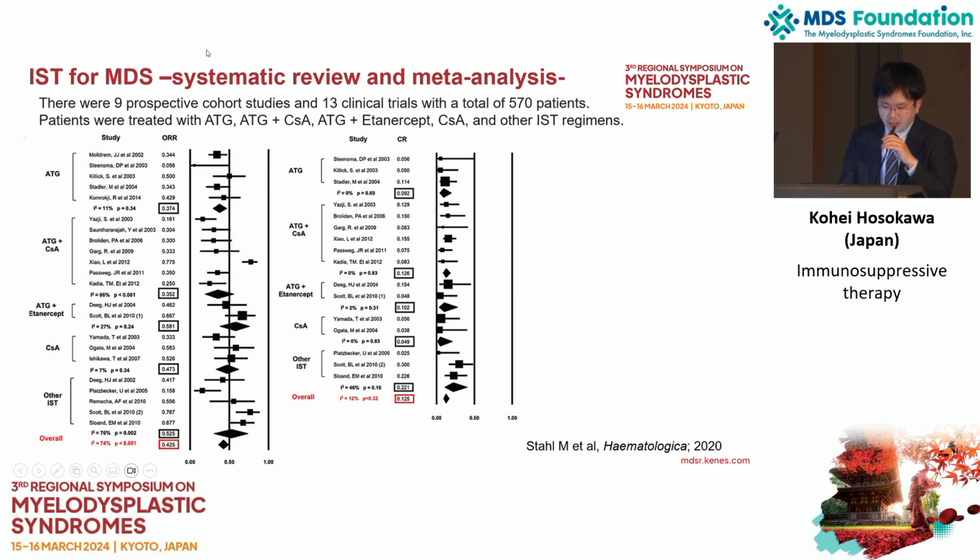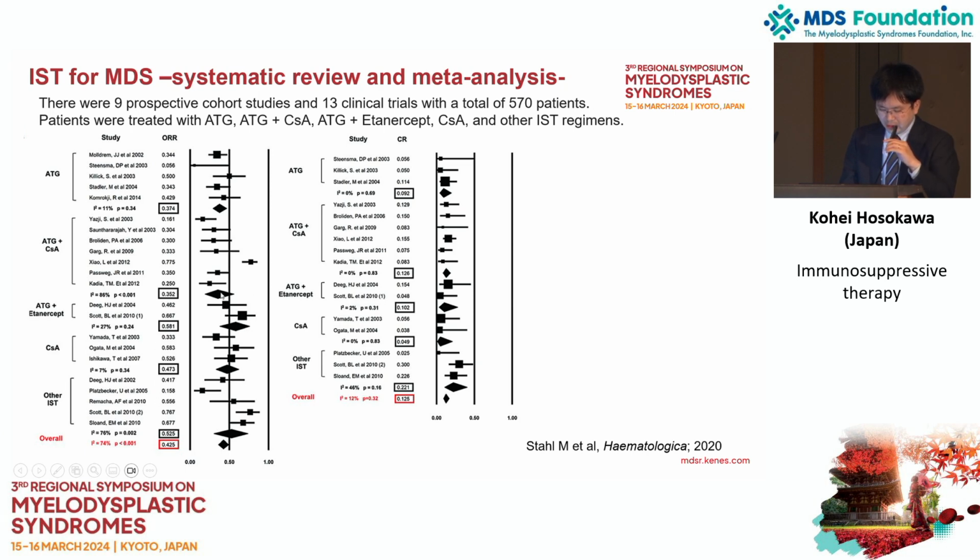This is another systematic review and meta-analysis studying the effect of IST for lower-risk MDS patients. There were 9 prospective cohort studies and 13 clinical trials with a total of 507 patients. The patients were treated with ATG, ATG plus cyclosporine, ATG plus etanercept, cyclosporine alone, or other IST regimens.